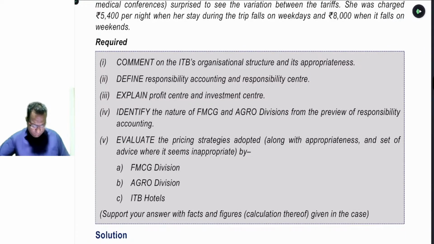Okay, as per Jyoti, it's a profit center FMCG and it's an investment center. Okay, beta, very good. Almost correct. जिन्होंने आंसर दिया है सीमा सुरेश, ज्योति कक्कर, your answer is correct, beta.